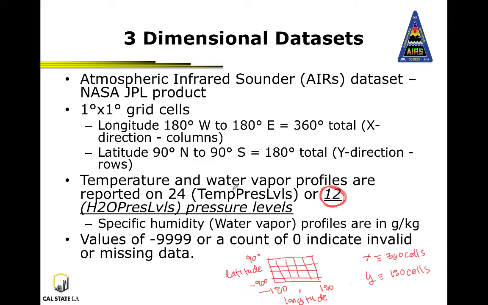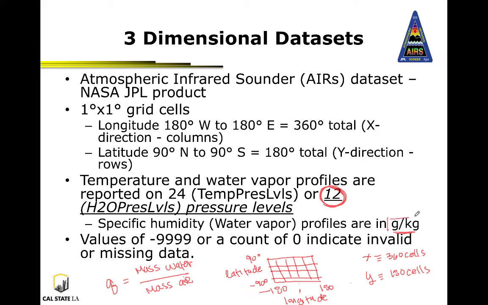Now, the water vapor profile that we're going to be using is specific humidity. Specific humidity is always going to be your mass of water given the mass of air. The units of this particular profile are given in grams per kilogram.